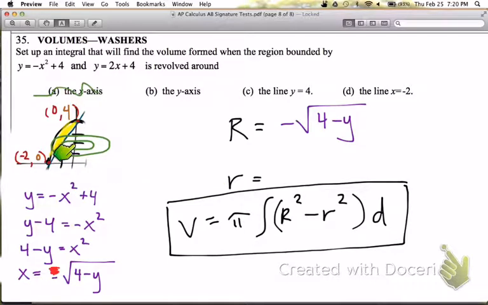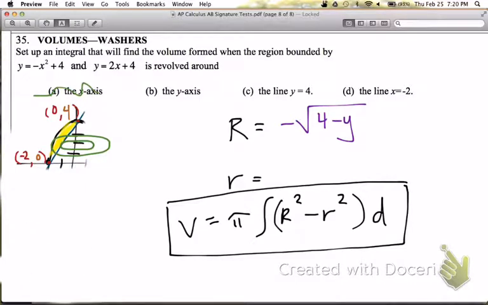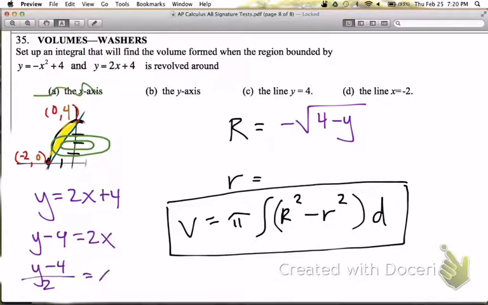The distance from the y-axis to the inside function is just the distance of the other function, but again, we need it to be in terms of y instead of in terms of x. So let me erase this work that I did right here. And now if we want to solve that one in terms of y, we have y equals 2x plus 4. Subtract 4 from both sides, so we get y minus 4 equals 2x, and then divide by 2. So I have y minus 4 divided by 2 equals x.